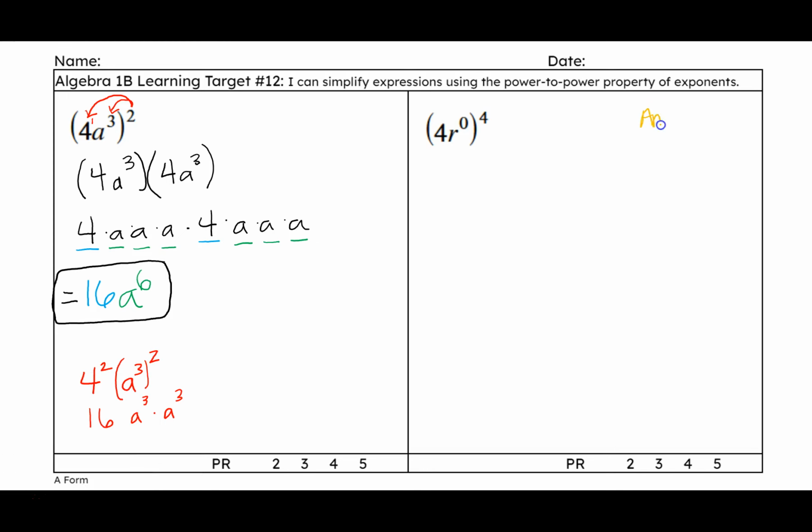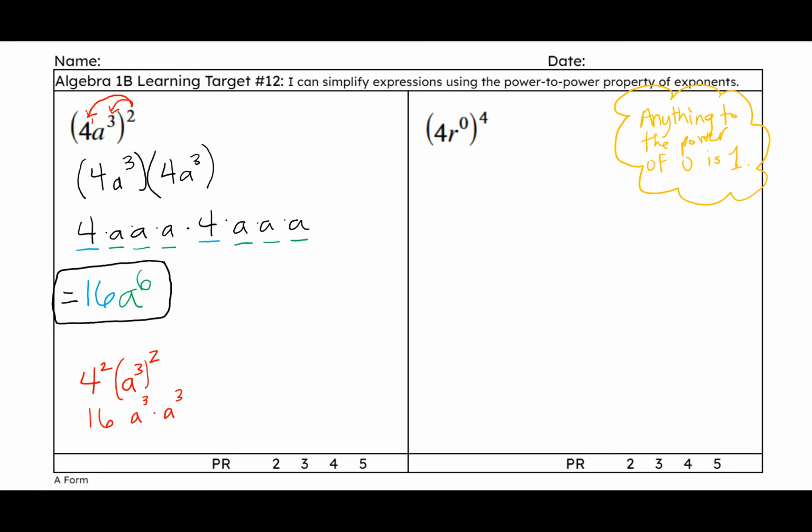It's anything to the power of 0 is 1. Something important to remember here. That's multiplying something 0 times. That gets you your multiplicative identity, which is just 1. Because anything times 1 is itself.